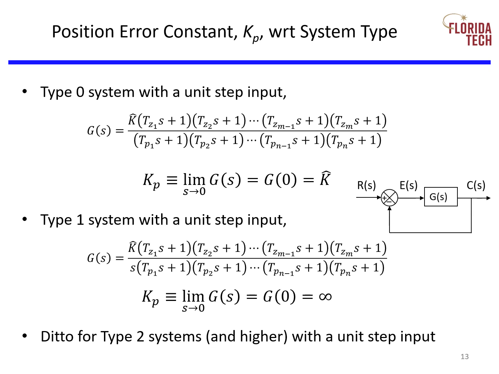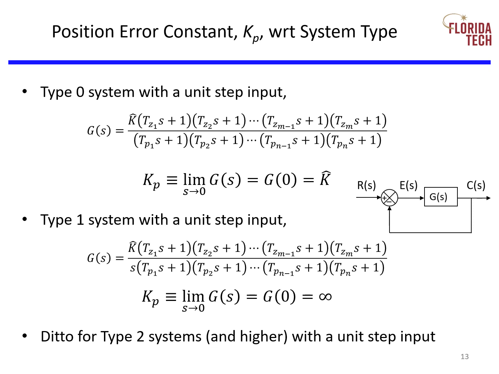The value of Kp will depend on system type. For a type 0 system, when we run the limit as s goes to 0, we get K hat. For a type 1 system, there's a free s in the denominator, so as s goes to 0, Kp becomes infinity. With that same logic, any system type greater than 1 will also result in Kp equaling infinity.